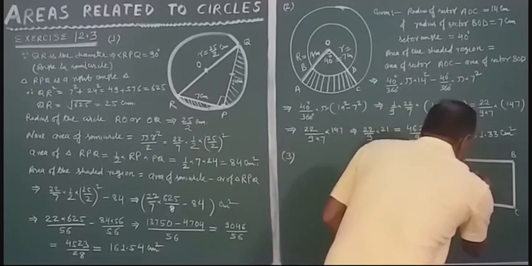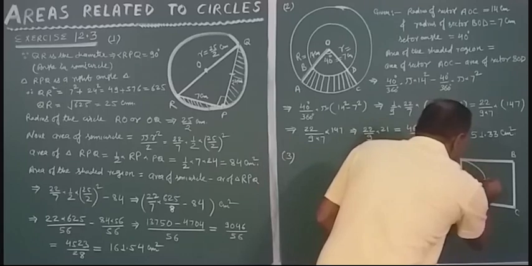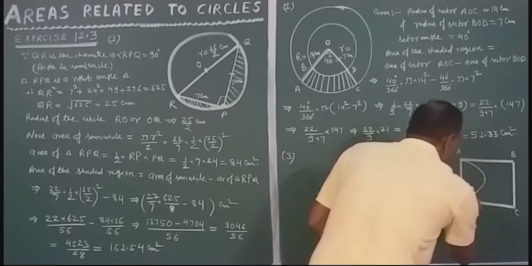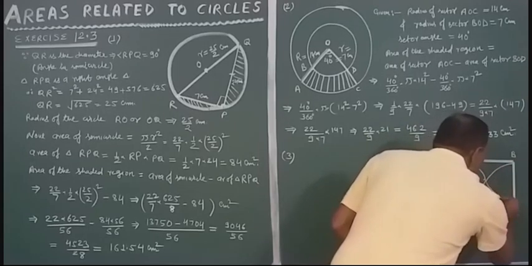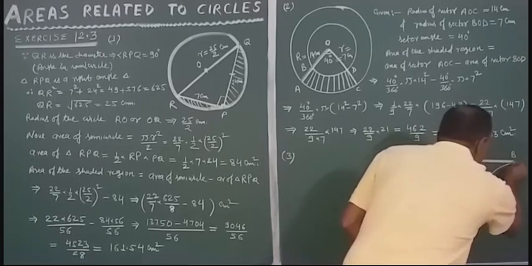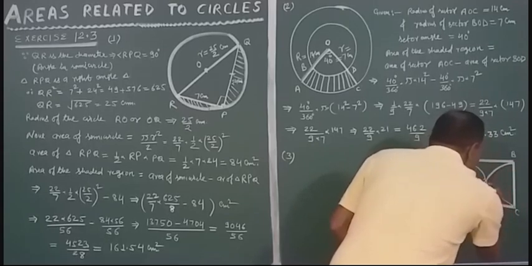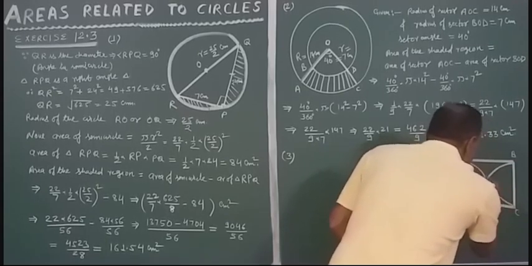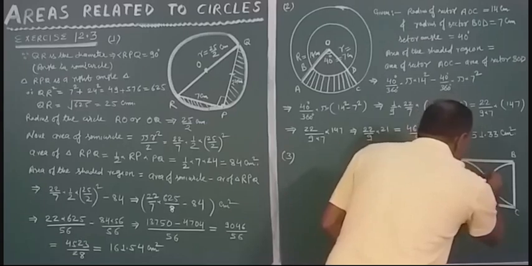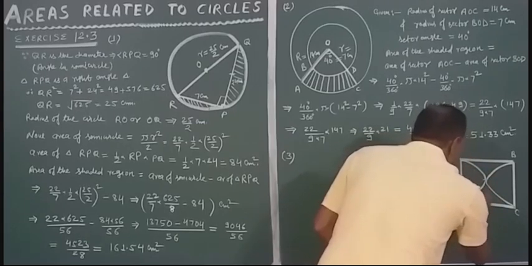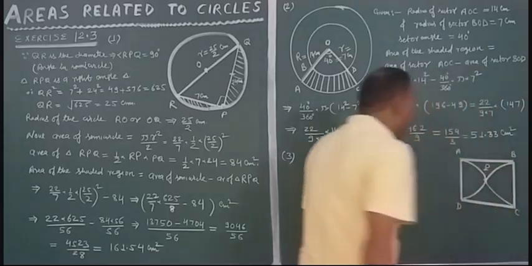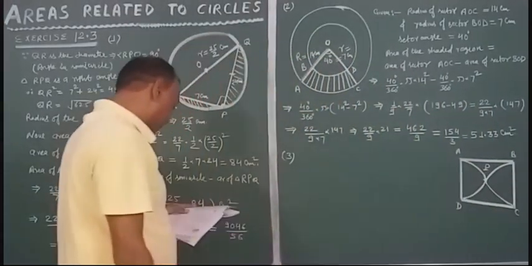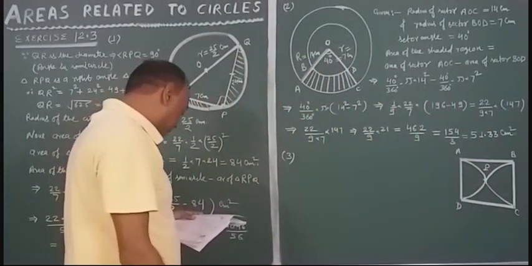Here is the given point P. This APD and BPC, they are the semicircles.